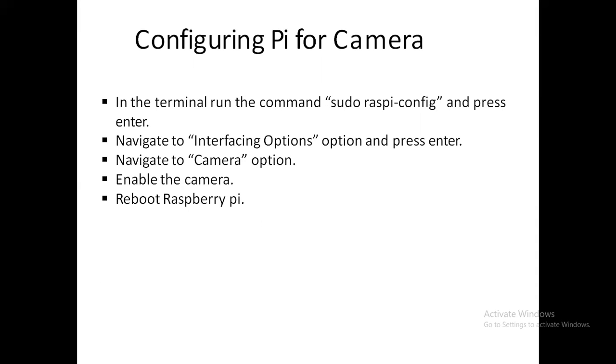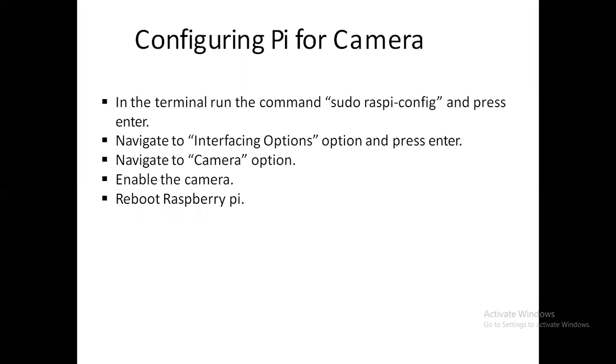You are going to open the terminal, where you give the command sudo raspi-config, and then press enter. Now navigate to interfacing options and press enter. Under that you get the list of options, and in that you select the camera option.